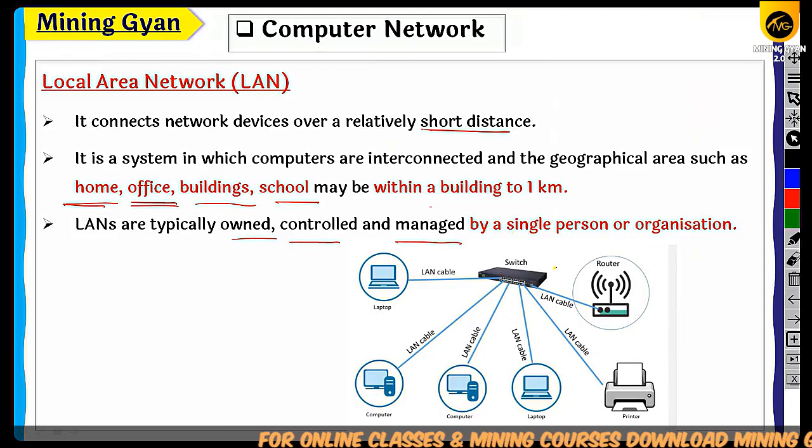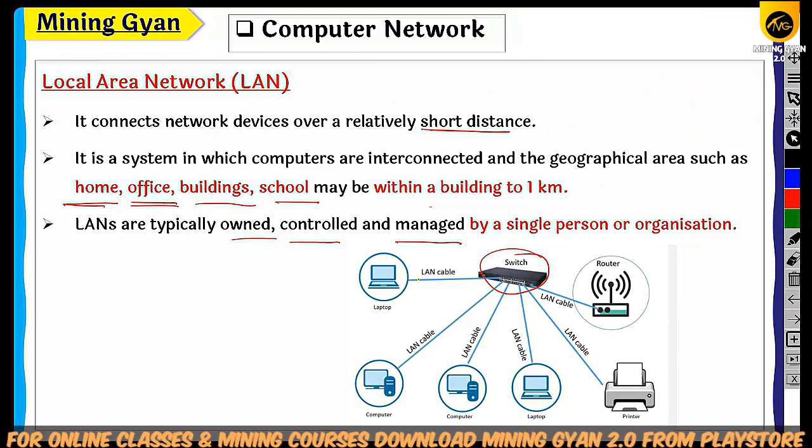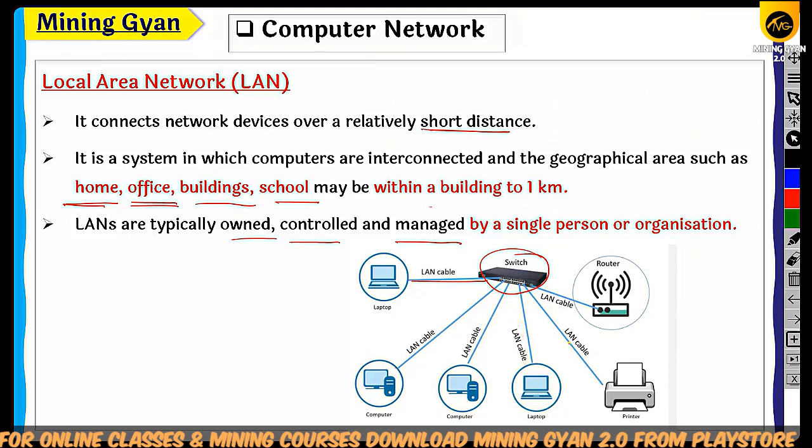You can see that there is a switch, which basically divides or reduces the signal traffic. There is a laptop connected to the switch by a LAN cable. Similarly, to this switch we have also connected another computer by a LAN cable, a third computer, and a fourth computer or laptop, each with a LAN cable.